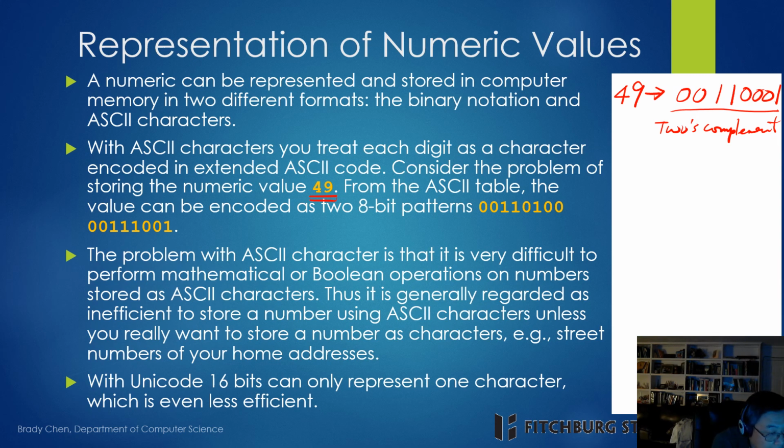Now another way to represent 49 is to use ASCII characters. We treat 49 as a string, which contains 2 characters. One is 4, the other is 9. We can find the ASCII code by looking at the ASCII table.